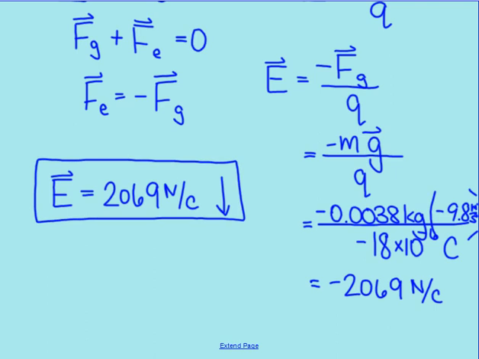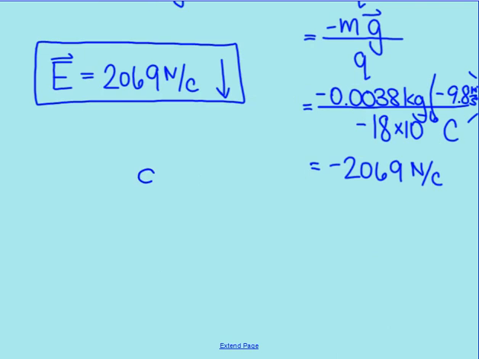Another way to think about the direction of that field is thinking about the charge itself. My small object has a negative charge, and it tells me that it's floating. Well, I know gravity is acting downward on this object, and I know that if it's in equilibrium, the electric force must act upward.